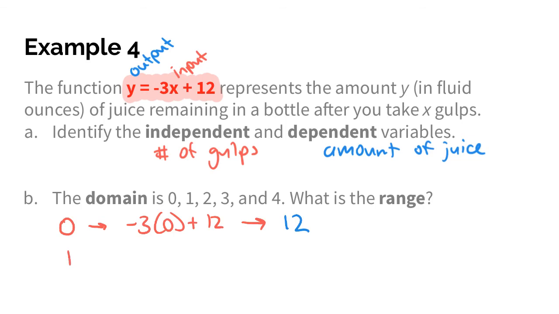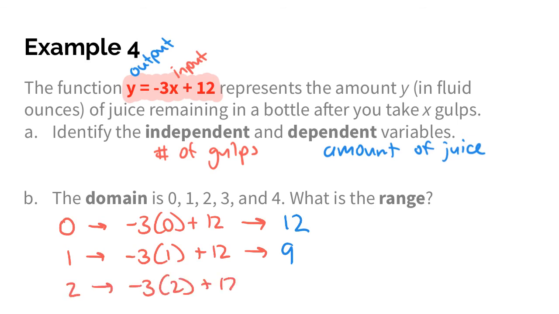If I were to take 1 gulp, I'm going to do negative 3 times 1 plus 12, and that would give me 9. And I continue on. If I were to take 2, negative 3 times 2 plus 12, that means I would have 6 left over.